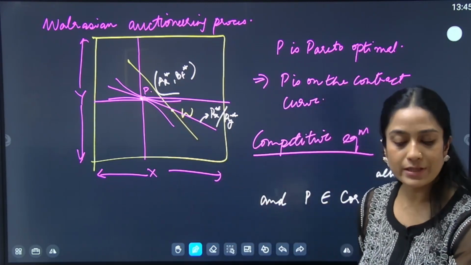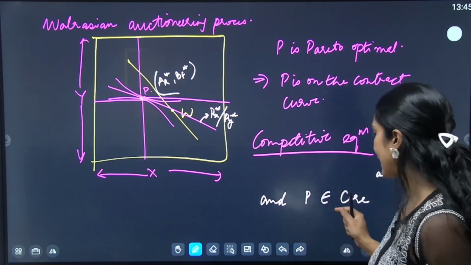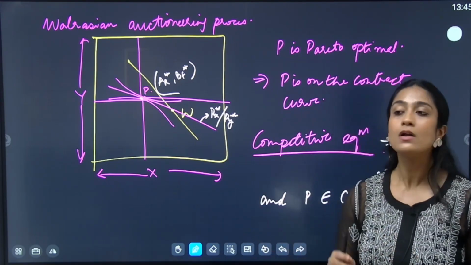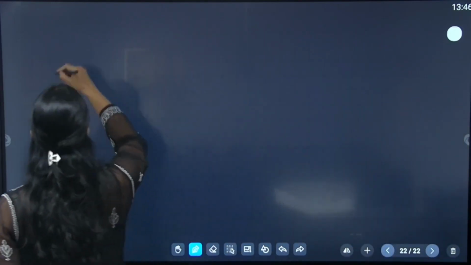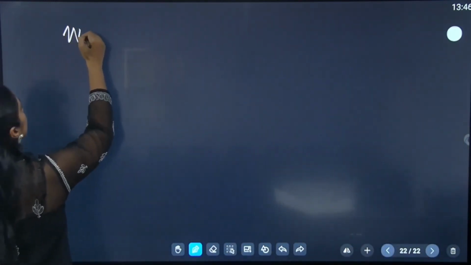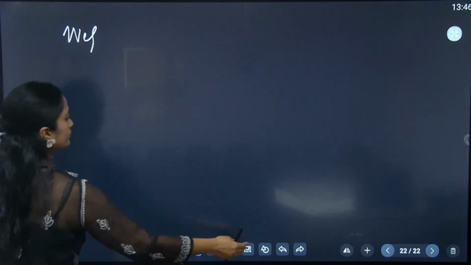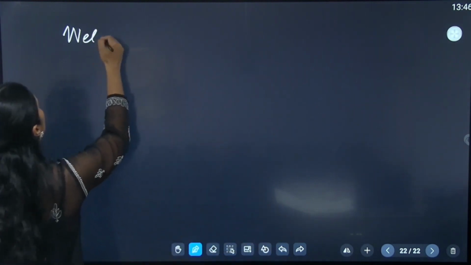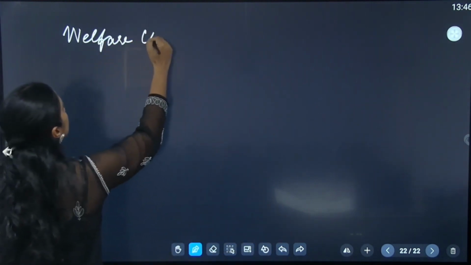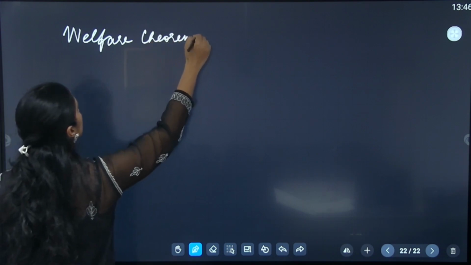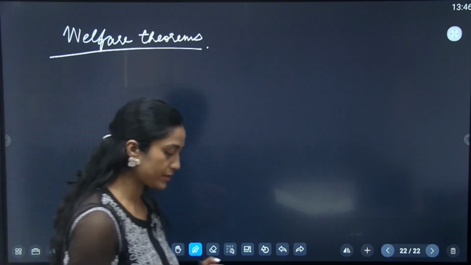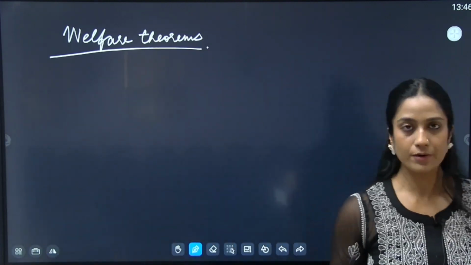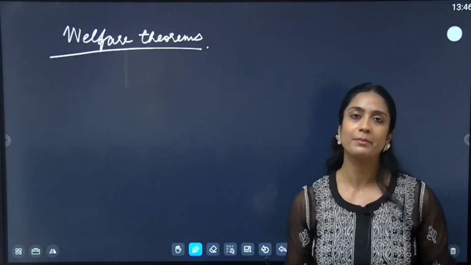Okay? So this brings us to the final section in this lecture, which are the welfare theorems. Okay? So what are the welfare theorems? There are two welfare theorems, the first and the second fundamental theorem.